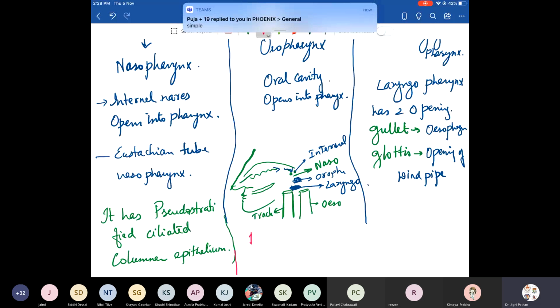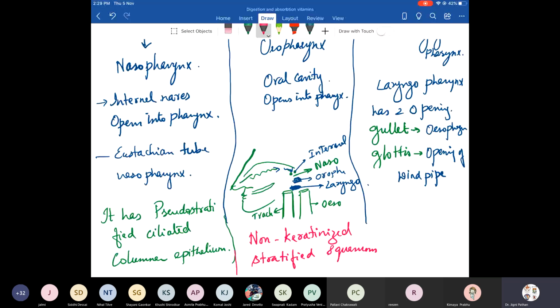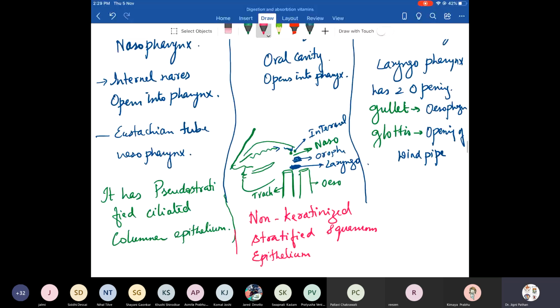The oropharynx is lined by non-keratinized stratified squamous epithelium, that is NKSSE.